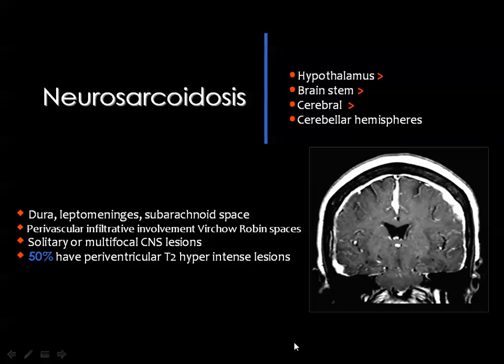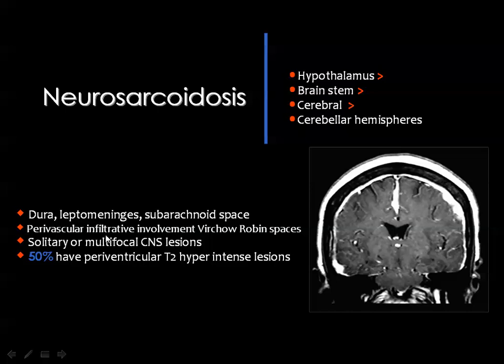While intracranially, neurosarcoid usually affects the leptomeninges and the subarachnoid space. It can also affect the region of the hypothalamus, which is more common than affection of the brainstem, than affection of the cerebral, than affection of the cerebellar hemispheres.